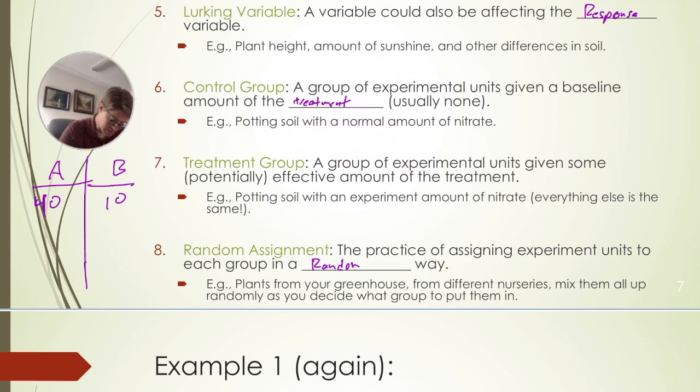And you could do this in a stratified sort of a way, where the nurseries are the strata. So this is the control group, and here's the treatment group.